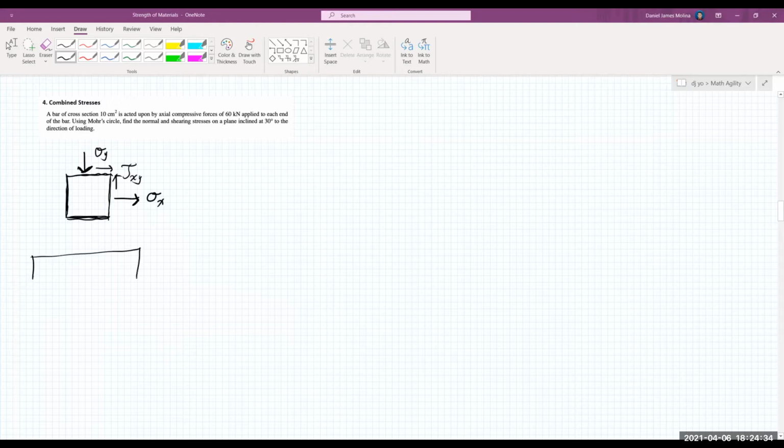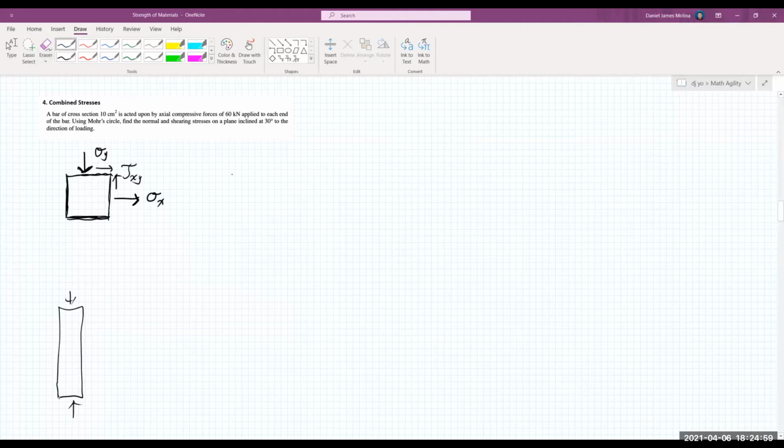We have a bar here, and we have a force here. Or it can also be like this: a vertical bar and then vertical compressive forces at each end. But from this figure, from the differential element, we will use a vertical bar.